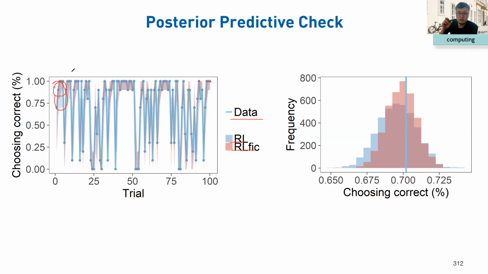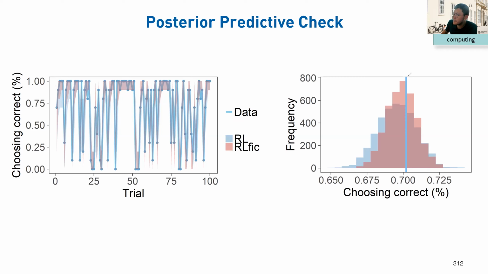So the red one is narrower than the blue one, which also means the red one is more precise than the blue one. Qualitatively, they both look fine, but the red one has smaller variance.